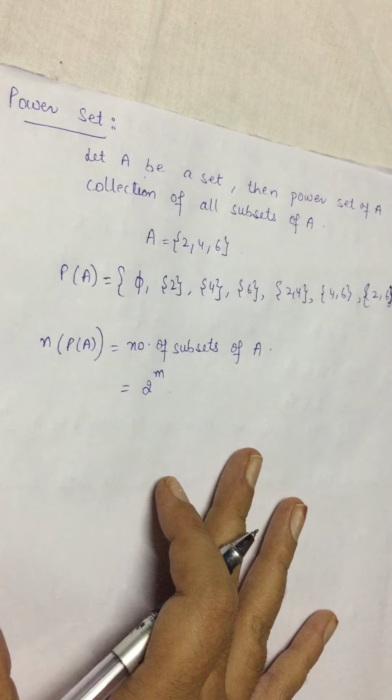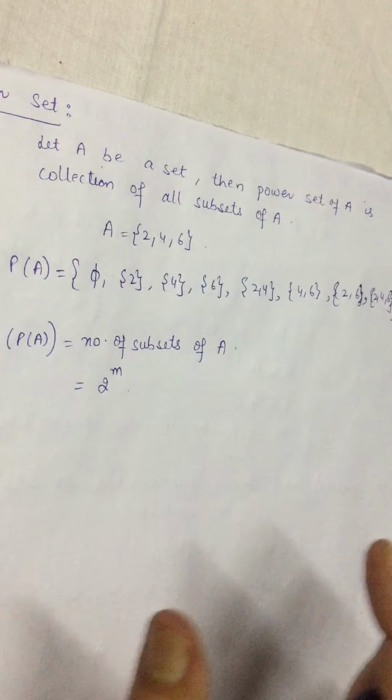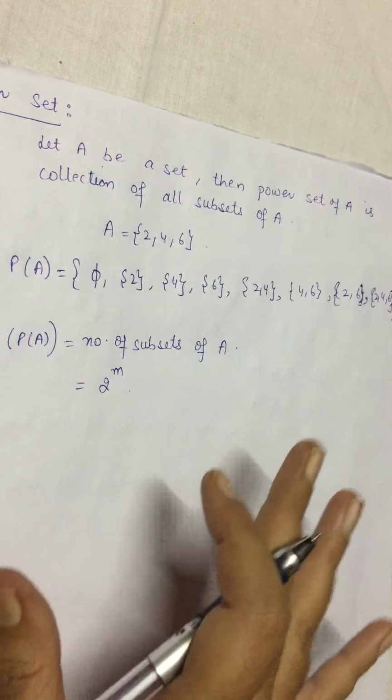And the last type is power set, which is related with the subset as I have talked earlier. If I have set A, then what will be the power set? We will write it as P(A). Power set will be a set which contains all its subsets.